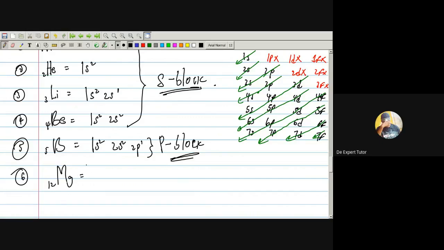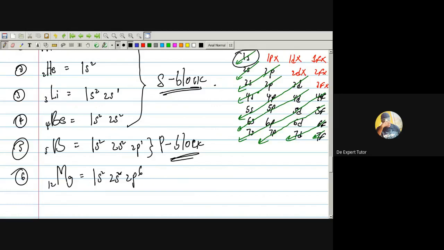Okay, let's go. What do we have? We have 1s2, 2s2, and my 2p can accommodate 6 electrons. Don't forget p: 2p6. I've filled how many electrons? 6 plus 2 plus 2, that is 10. And I'm going to 12 electrons, so I need 2 more. Where will I put those 2?